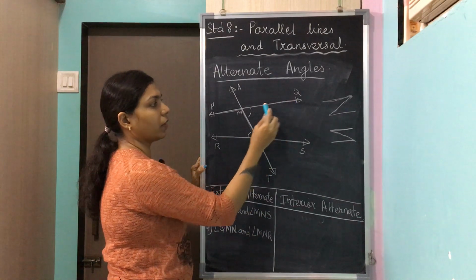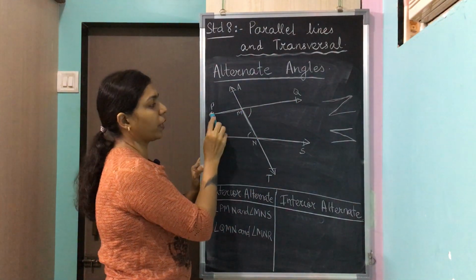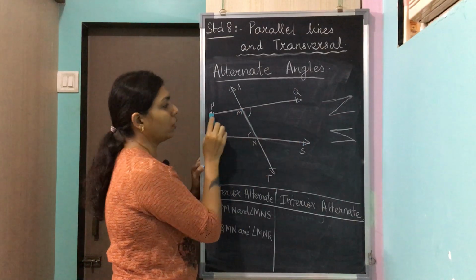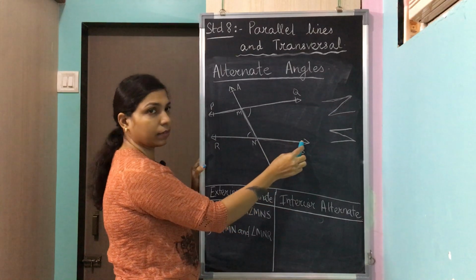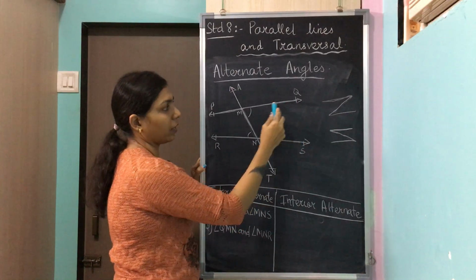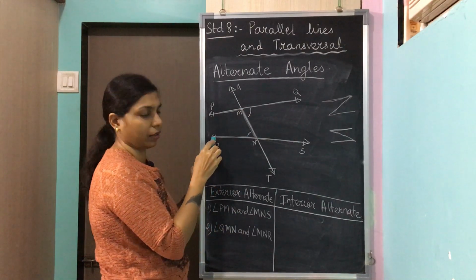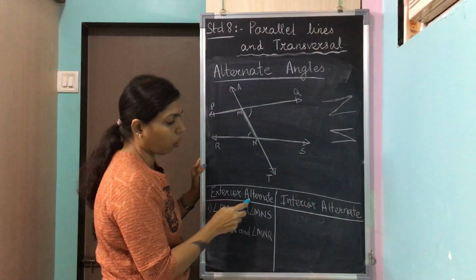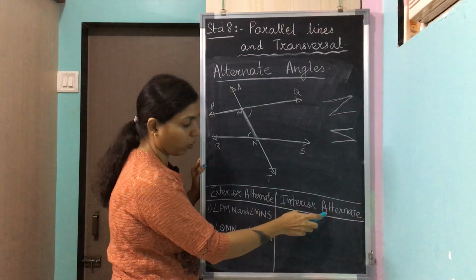So this is giving us an inverted Z formation. Over here you get a proper Z formation. So angle PMN and angle MNS, and on the other side we get angle QMN and angle MNR. So these are your exterior alternate angles. Then we'll have a look at what is interior alternate angles.